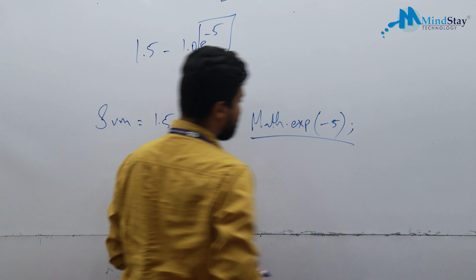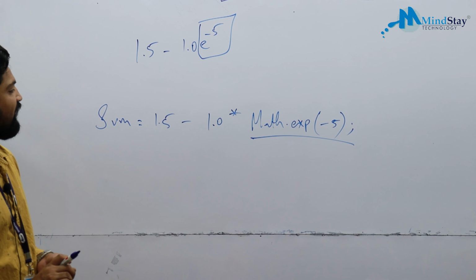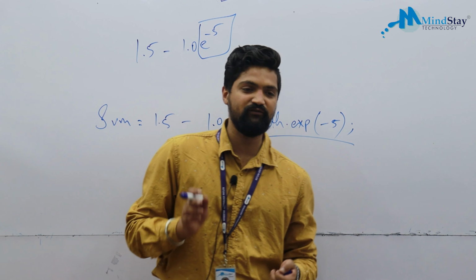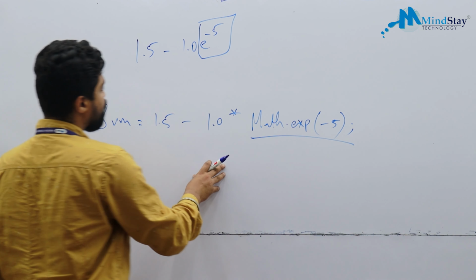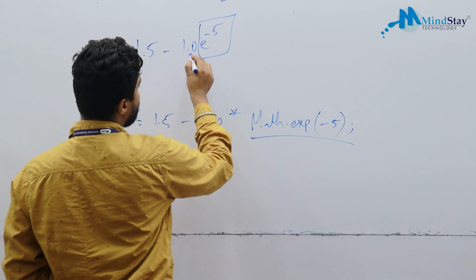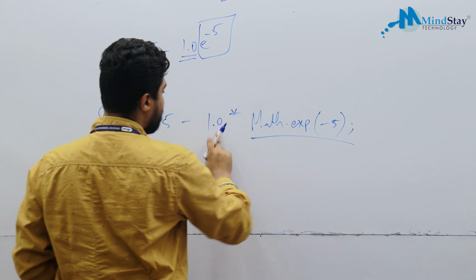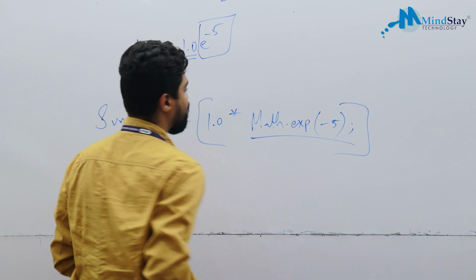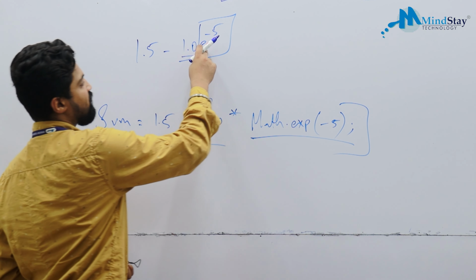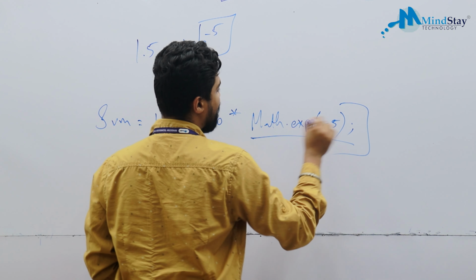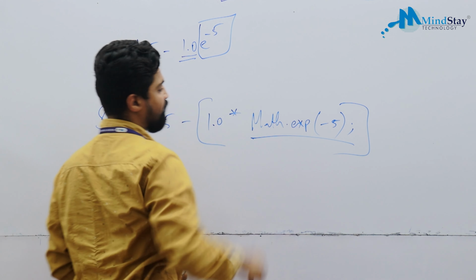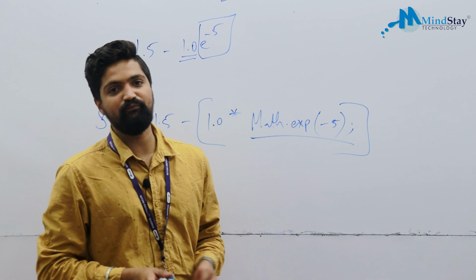This math.exp computes the exponential and returns a double. So this is all you need to do. Whatever value is in front of your e, just multiply it with math.exp. You don't need to write e comma minus 5, you can directly write math.exp of negative 5, so the exponent is negative 5.